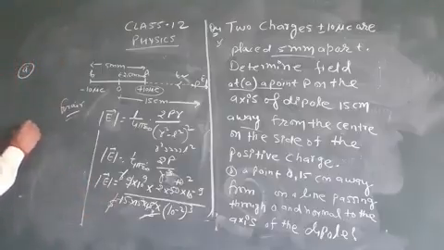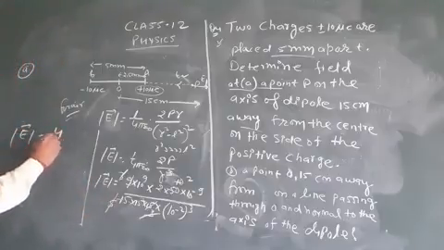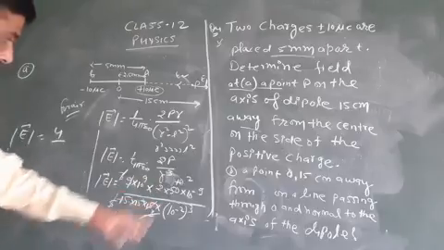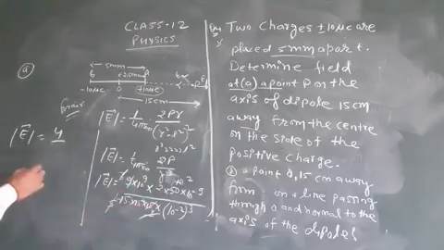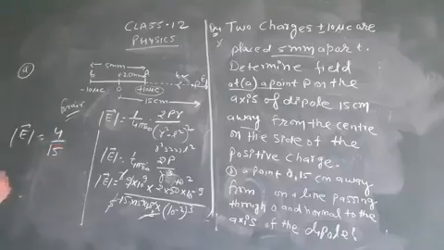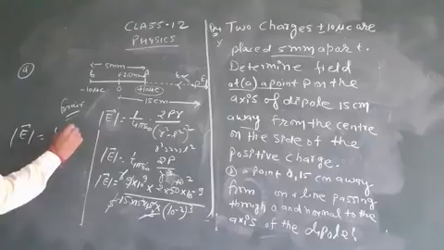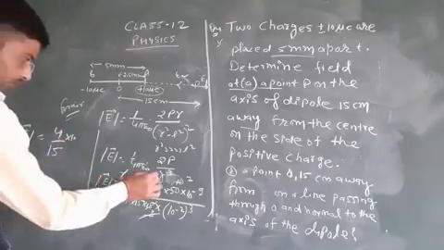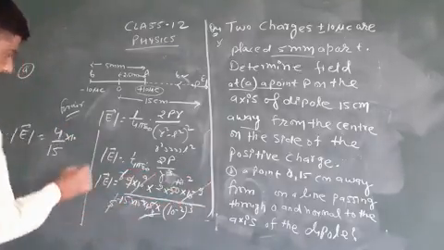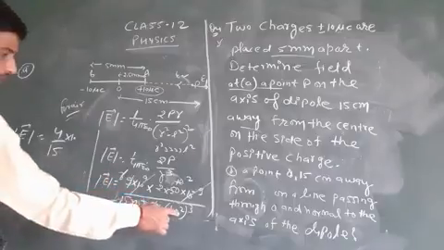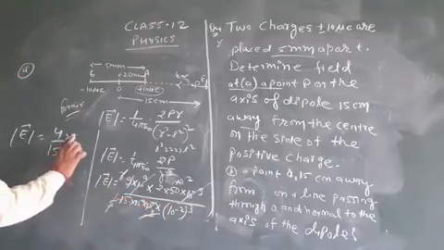So E equal to 4 upon 15 and 10 to the power, this power cancels by this, so 10 to the power minus 6.